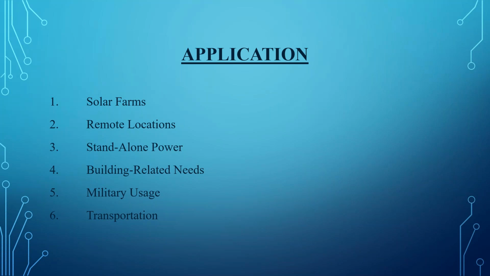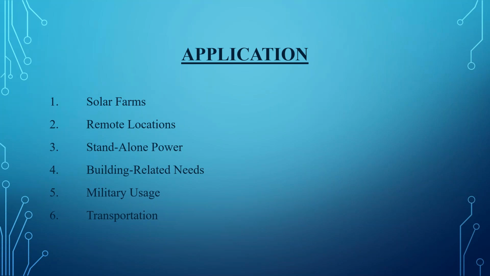And next one, stand-alone power. In urban areas, PV can power stand-alone devices, tools, and meters. Here, PV can meet the need for electricity for parking meters, lighting for roadways, etc. And another is building-related needs. PV panels mounted on roofs or ground can supply electricity.